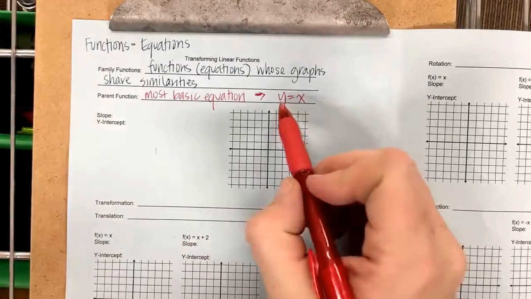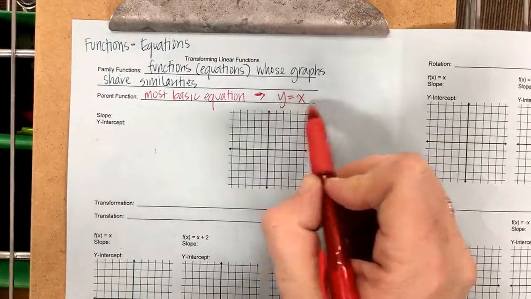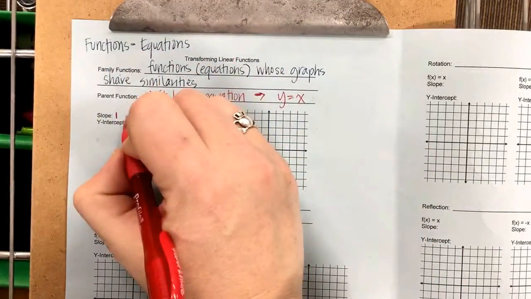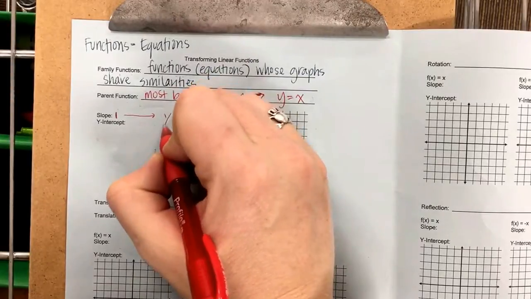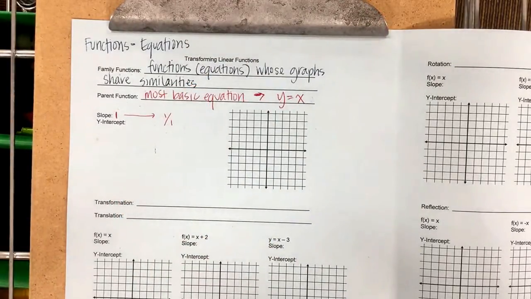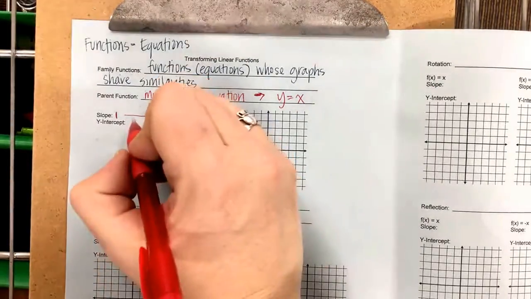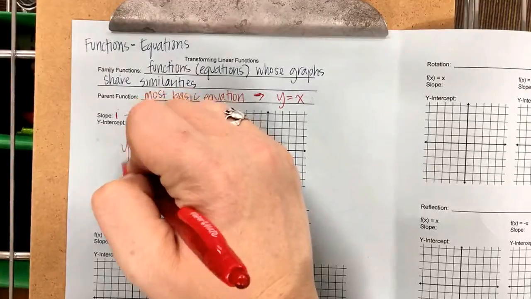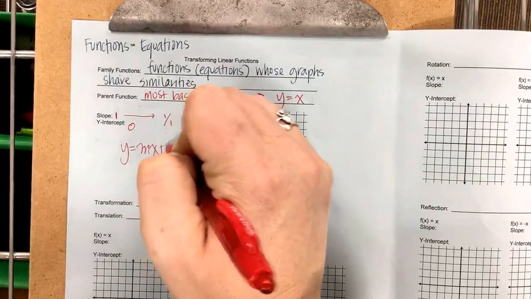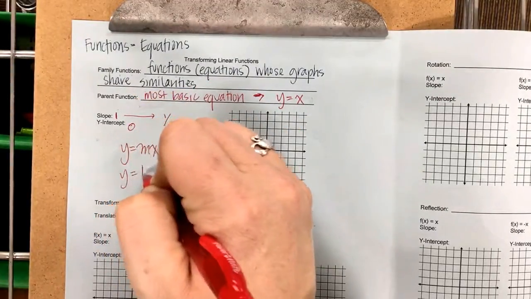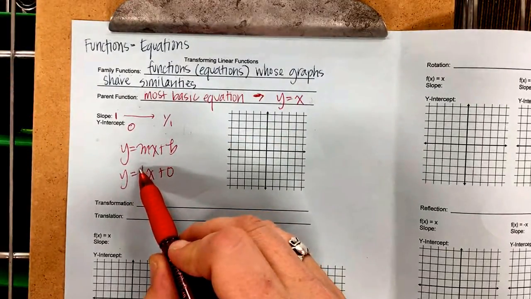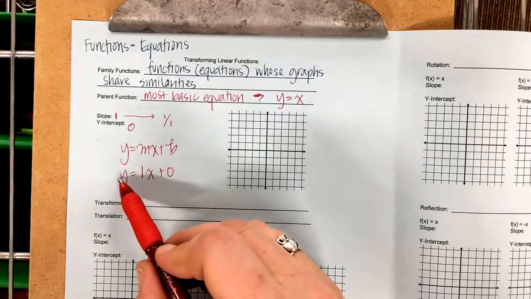So the slope in y equals x, this is the parent function, the slope is 1. Or, if we were going to graph it, 1 over 1, right? And the intercept is 0. So if I was going to put that in y equals mx plus b, right, that'd be y equals 1x plus 0. Well, you don't need plus 0, and that 1 is kind of repetitive, so y equals x.